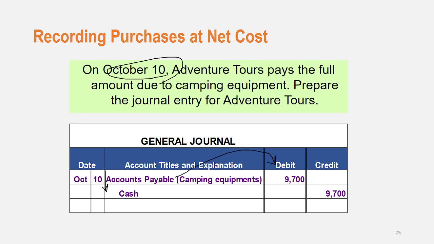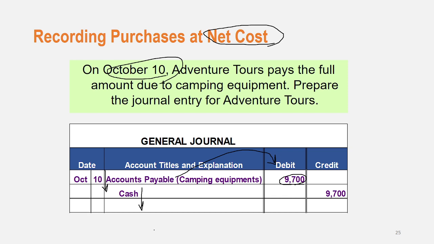What is the total amount after discounts? 9,700. Please be careful that we consider 9,700. That is the total amount after using the discount, because we are acting under the net cost method. For this payment, we use cash, and the total amount of cash after this payment is naturally decreased.